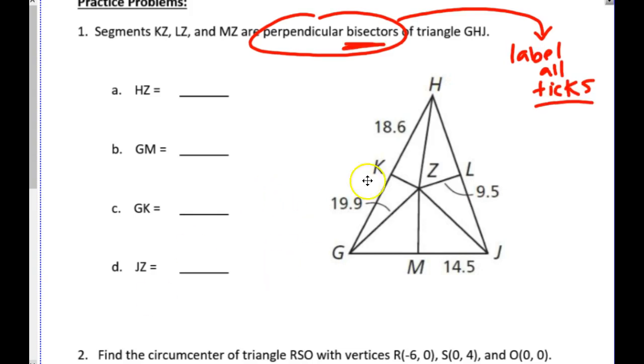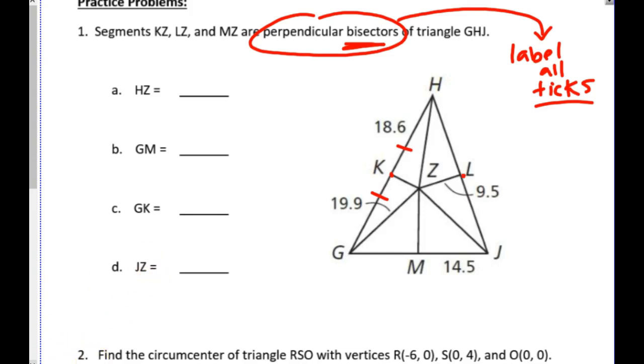Since these are bisectors, that means K is a what? Well, it's a point. Midpoint, thank you. So if K is a midpoint, what do I put on these 2 segments? 1 tick and 1 tick. Now, what about L?